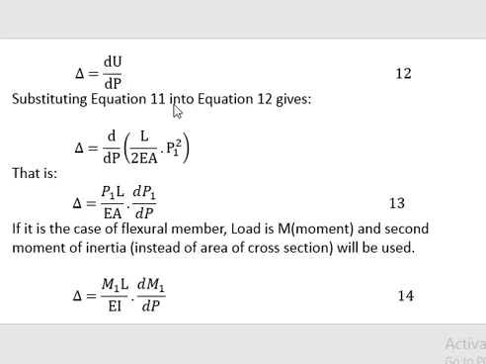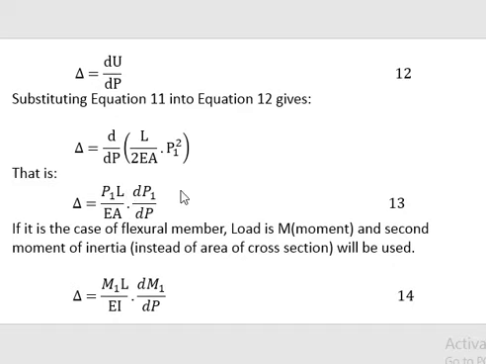Substituting equation 11 into equation 12 and doing some mathematical readjustments, you will arrive at equation 13, which is the formula we are going to use to determine the deformation at any point on any truss member, assuming you are doing truss analysis for statically determinate trusses. This equation 13 is very handy to use.